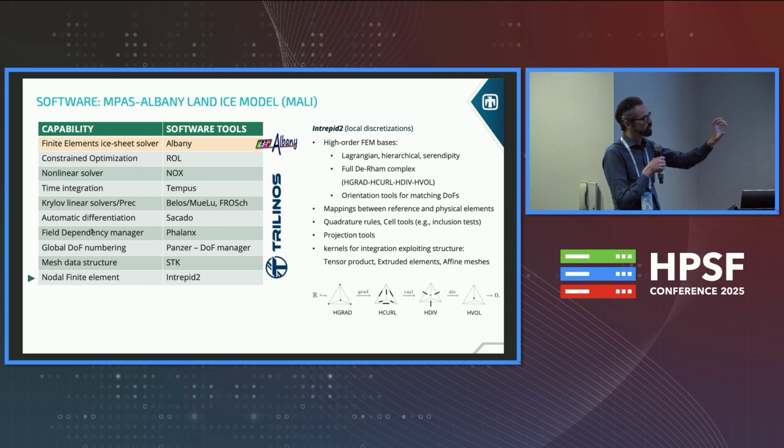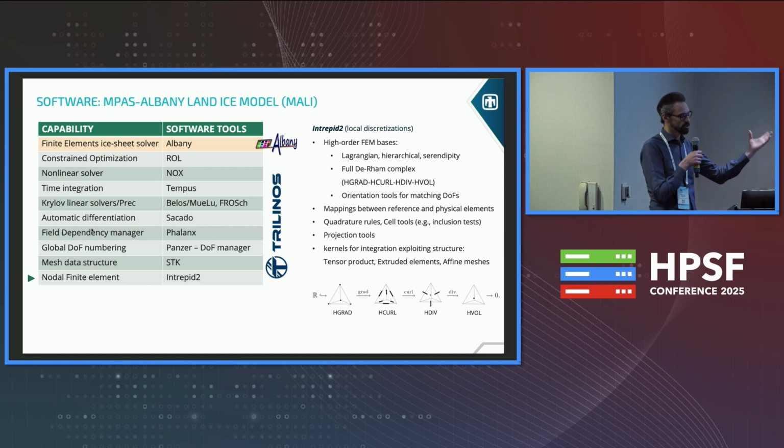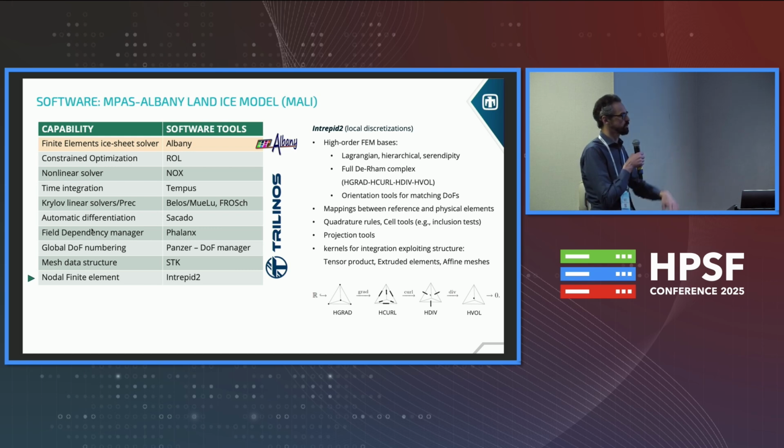We have orientation tools that allow us to match the degrees of freedom for high-order finite elements. We have mappings between reference and physical elements, quadrature rules, and also projection tools to go from a function to a particular finite element space or between spaces.